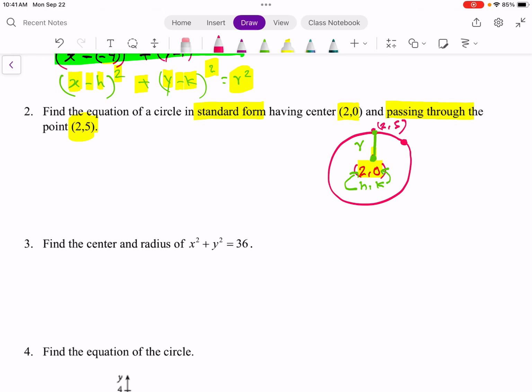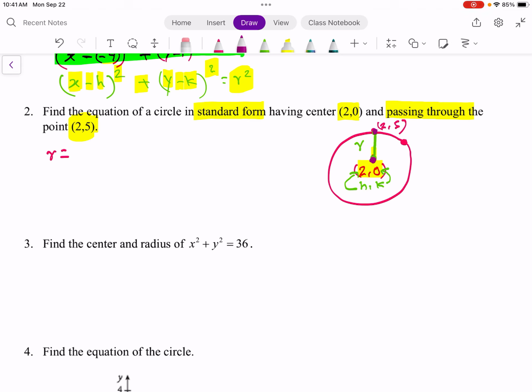Now, how do we find the radius? Let's find the radius using our distance formula. That distance formula gives us the distance between any 2 points. We have this point (2, 0) and this second point (2, 5), and our target is finding the distance between these 2 points. In this case, we call this distance the radius.